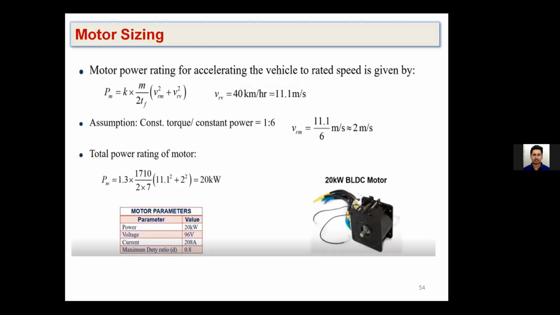Motor sizing: the motor power rating for accelerating the vehicle to rated speed is given by this expression. Suppose we consider VRV as 40 kilometer per hour, convert it to meters per second, and substitute the K value, M and TF value, we'll get around the same value. So finally, we have considered a 20 kilowatt PMDC motor, and these are the motor parameters: power is 20 kilowatt, voltage is 96 volts, current is 208 amperes.